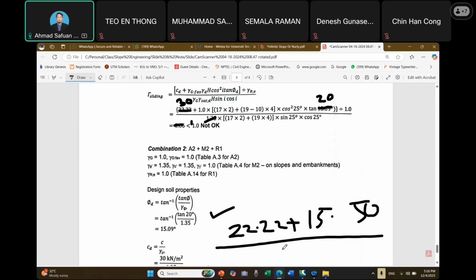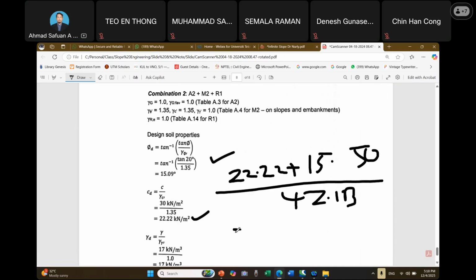So 37.72 divided by 42.13, we obtain 0.89 as well. So 0.89 for the second combination.